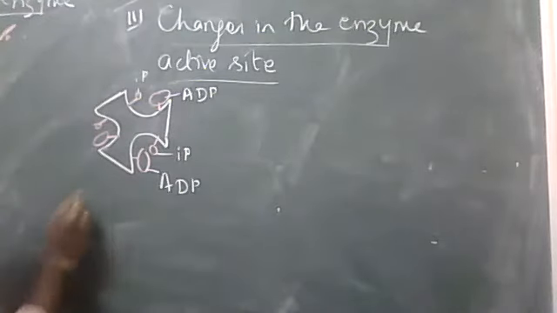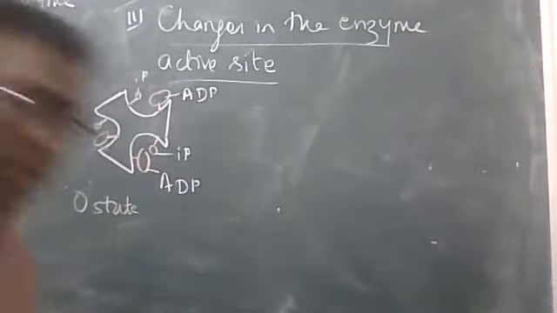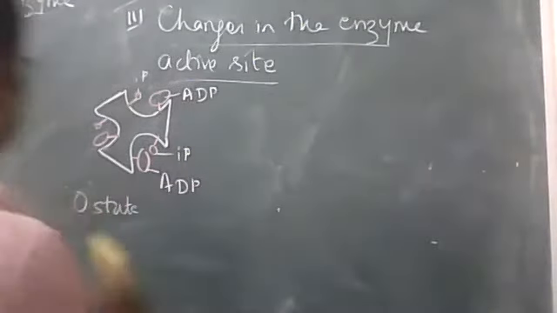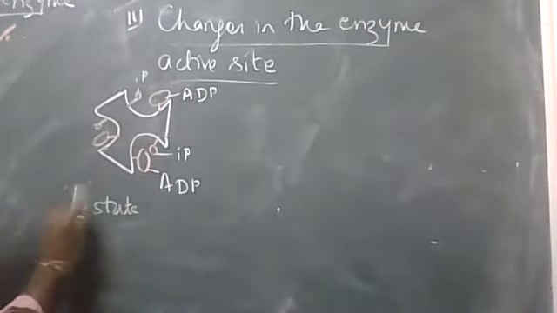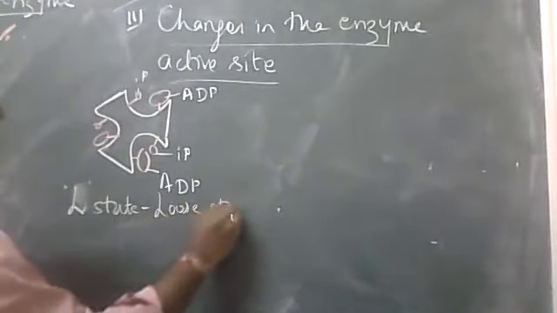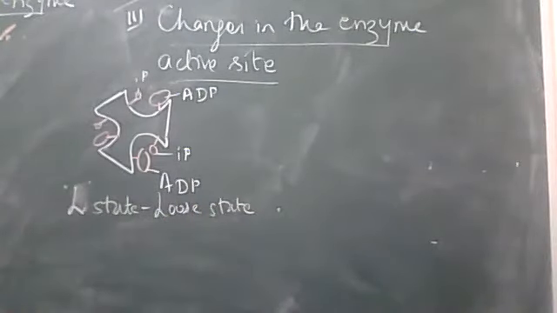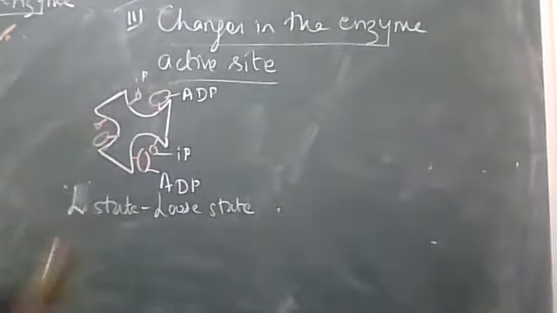This state is called, sorry, L state. L state means loose state. Okay, this is called the L state or loose state. This will not form ATP yet, it will be there in the same state.